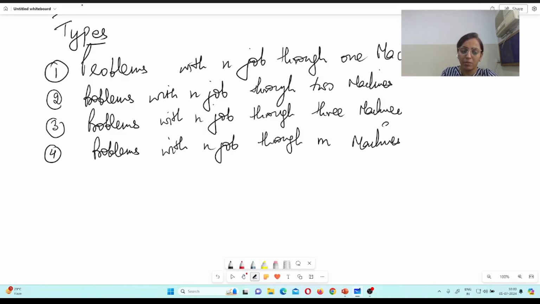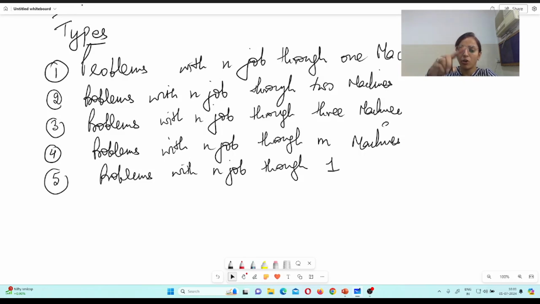Now the fifth category of sequencing problem is dealing with n jobs through one machine, which we already covered, but in this one we have given a dependent setup time.